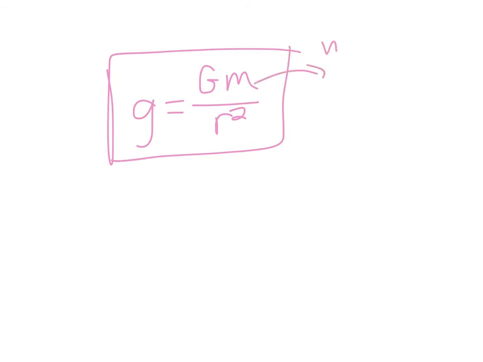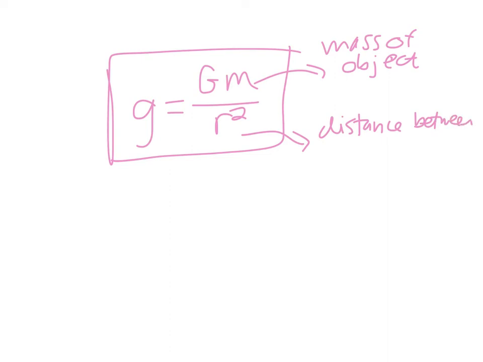So m is the mass of the object, and this is your large object, so planet, moon, star, something like that. And r is the distance between the centers. The two examples I did were the surface gravity. Let's look and see if we're not on the surface.